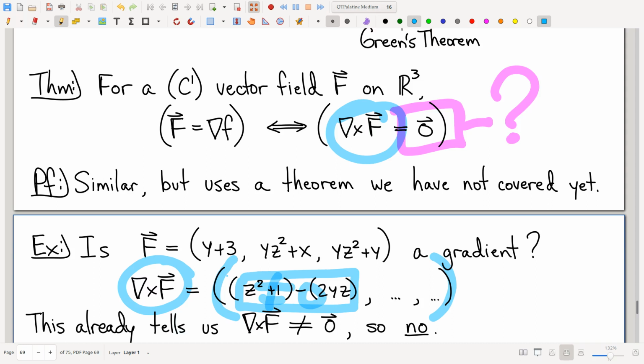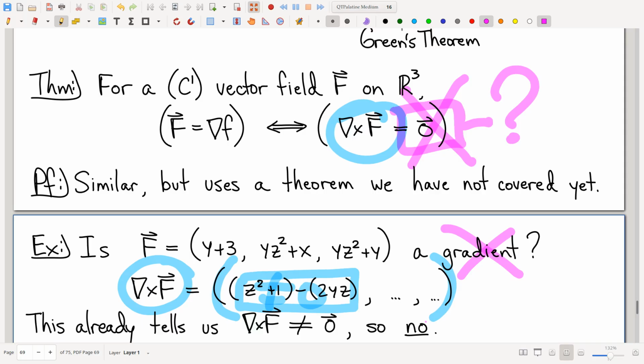We've already got one of these coordinates has already failed. And so if you already get non-zero in the first coordinate, you don't even have to proceed. You already know not 0. And therefore, this is not a gradient. Is that cool? Now, this is a one-way shortcut. If we had gotten 0 for the first coordinate, well, it still could go either way, and it's not clear. But non-zero, done. Okay. Everybody happy?